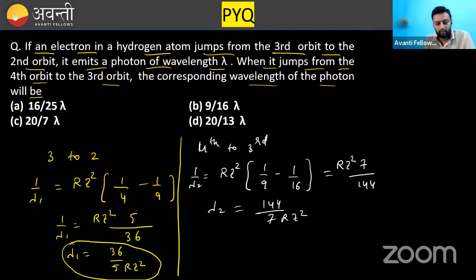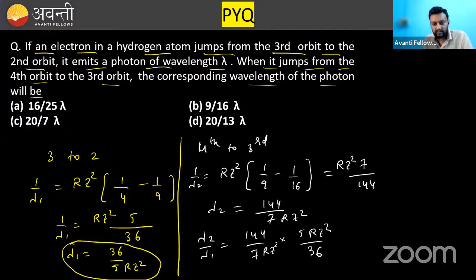So if I divide these equations, lambda 2 by lambda 1 will be 144 by 7 RZ square into 5 RZ square by 36. You can cancel the RZ square. I think you can clearly see that 12, 12 will be cancelled, 3, 3, 4, 4, that is 20 by 7.